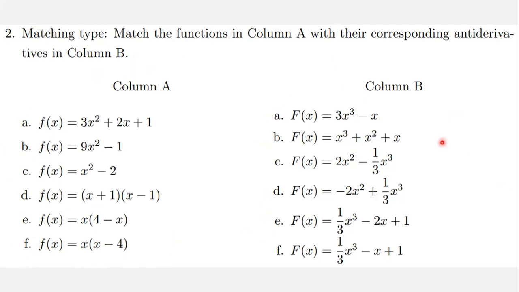You can double check your answers. I cannot give you an answer key in my video, but you can use integration calculators or any application such as Photomath that can solve an integration, or apply derivatives in reverse.